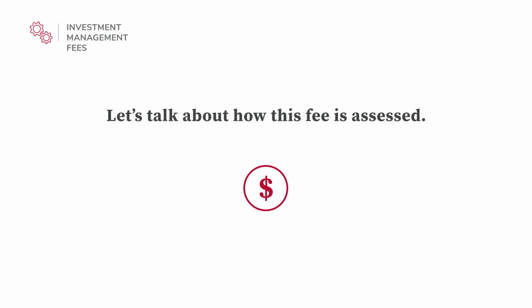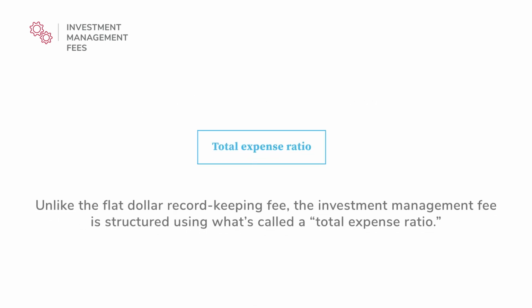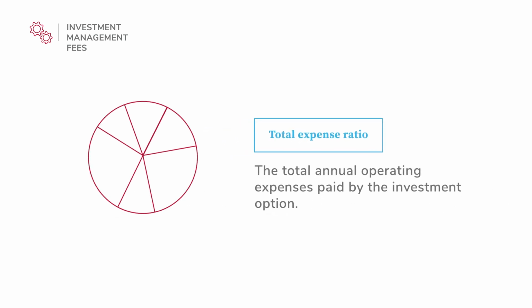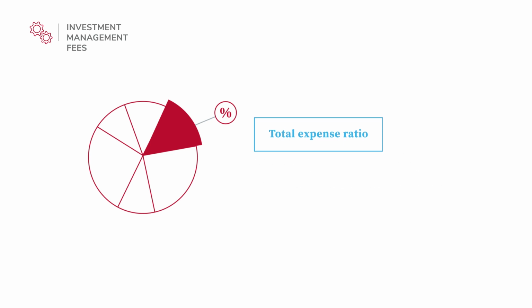Now, let's talk about how this type of fee is assessed. Unlike the flat dollar record-keeping fee, the investment management fee is structured using what's called a total expense ratio. A total expense ratio is the total annual operating expenses paid by the investment option. You'll see it listed as a percentage of the investment option's total net assets.